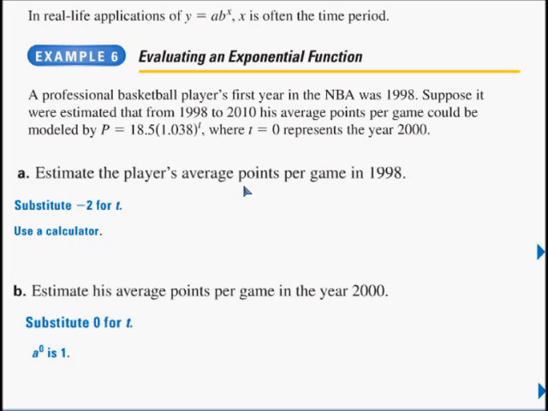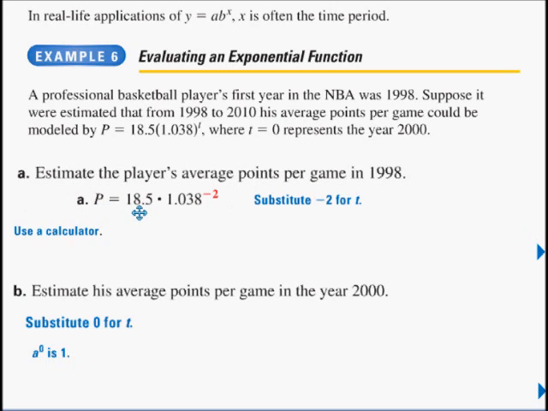So estimate the player's average points per game in 1998. We're going to substitute negative 2, because that's 2 years earlier than the year 2000, for t.